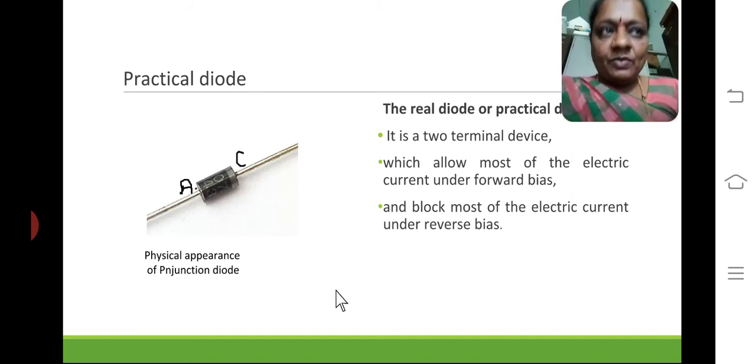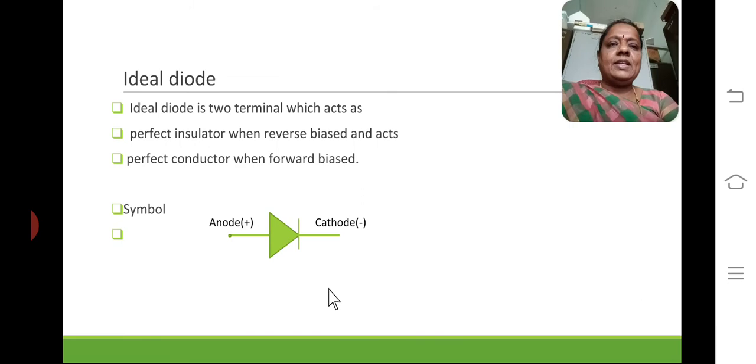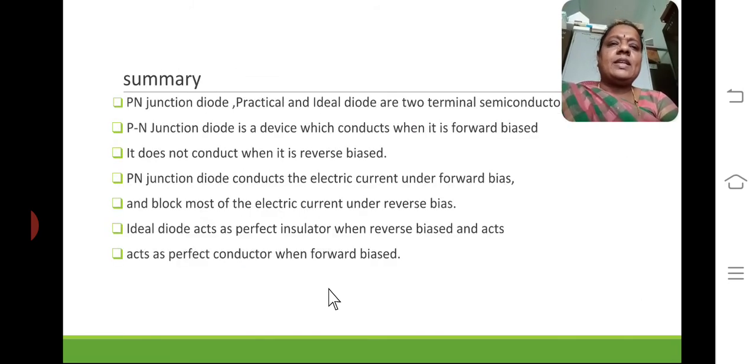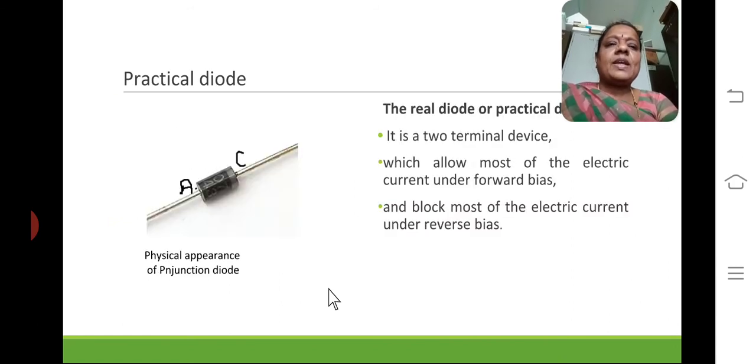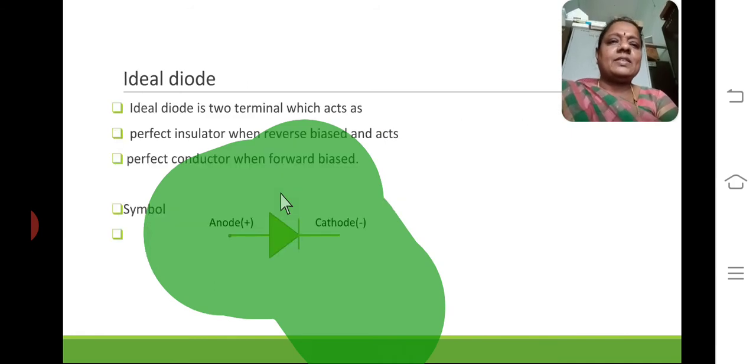Let us hope all of you understood this one. This is the practical representation of the diode.